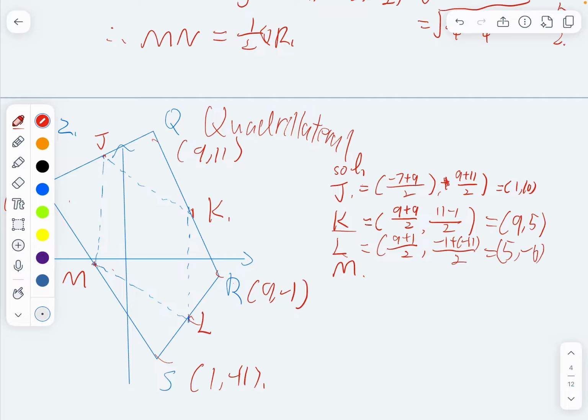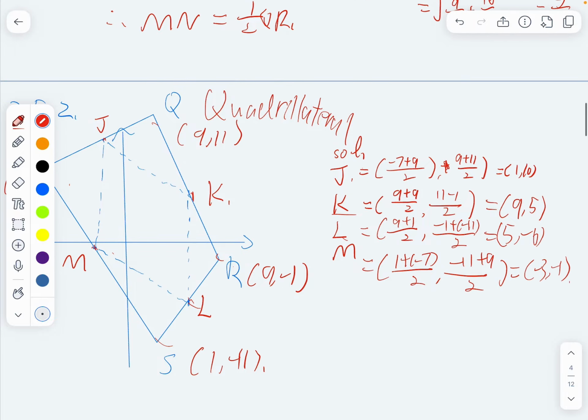M is 1 plus -7 over 2, which is -3, and -11 plus 9 over 2, which is -1. Now we have the midpoints.